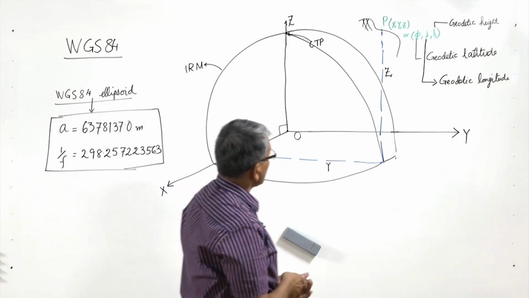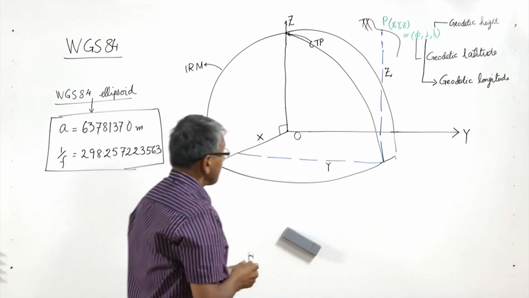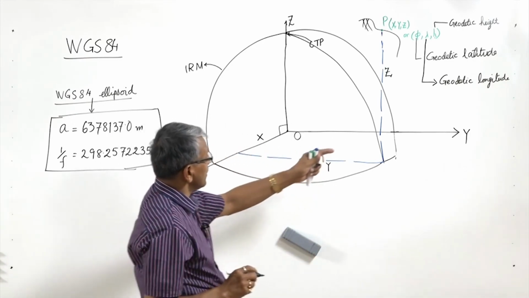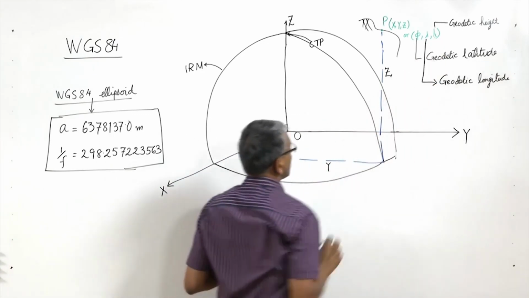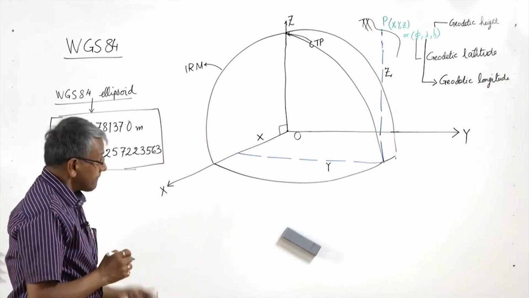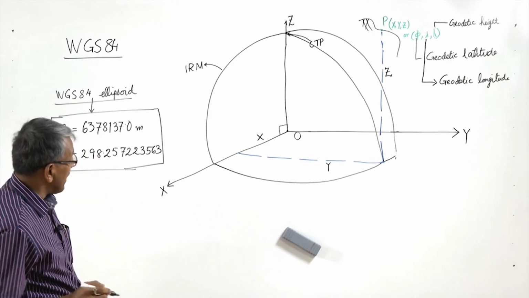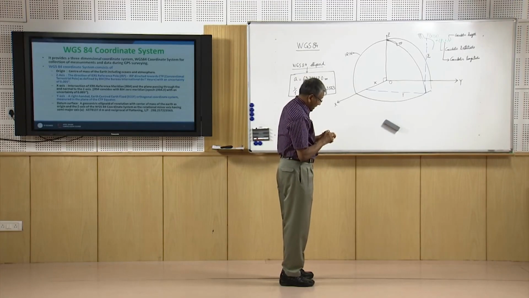So these three parameters, geodetic latitude, geodetic longitude and geodetic height, are defined like this.